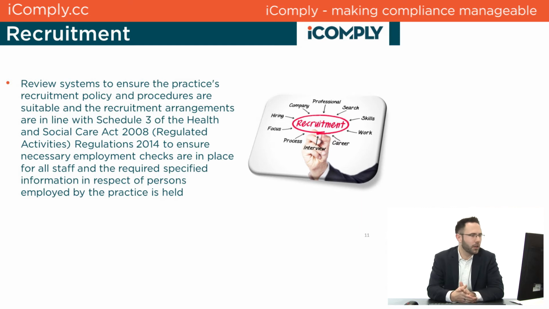It's not number 1, I think it's number 3. But the recruitment, all these are quotes from CQC inspection reports. It says, review systems to ensure the practice's recruitment policy and procedures are suitable and are in line with Schedule 3 of the Health and Social Care Act.